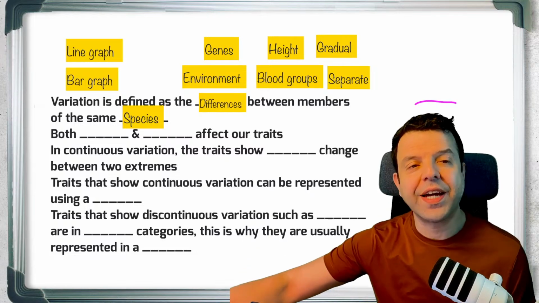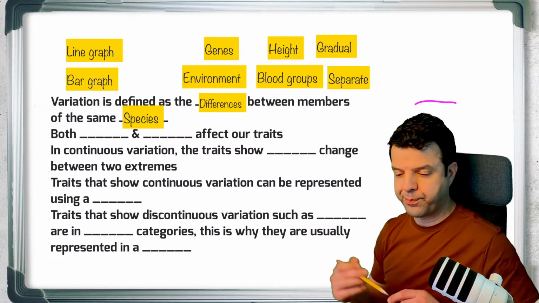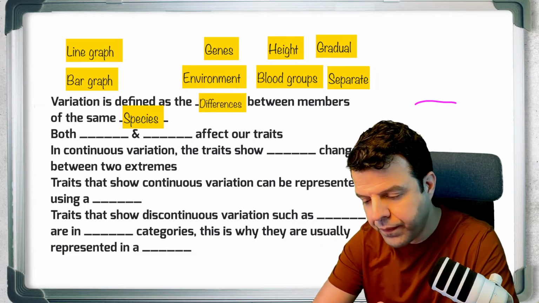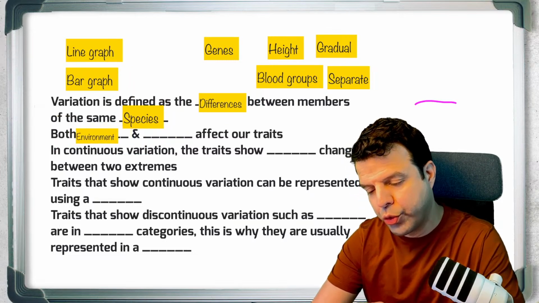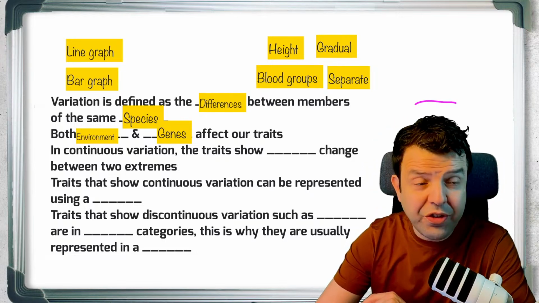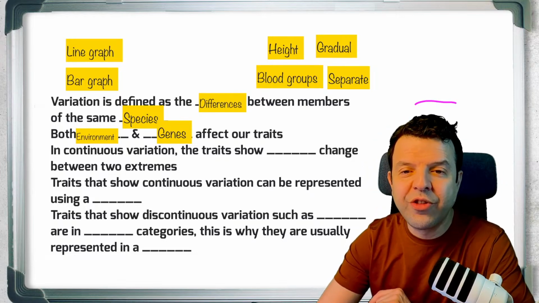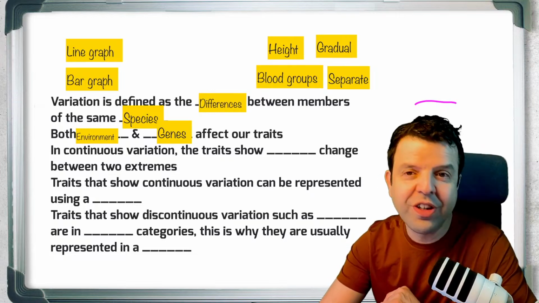Both affect your traits. What are the 2 things that affect your traits? Number 1, environment. Number 2, your genes. In continuous variation, traits show what kind of change?